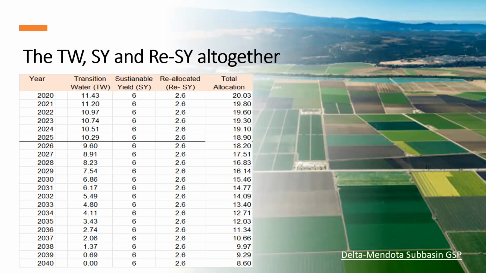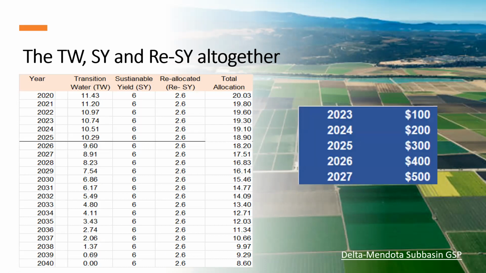But I wanted to know what is that going to be like in 2030? And that's at 15.46. And then I thought, okay, what am I looking at in 2040? So that way, is that a good purchase of land or a good investment of redoing my agriculture? And so that's what these numbers were allowing me to do, is figure out exactly how much water was going to be available.